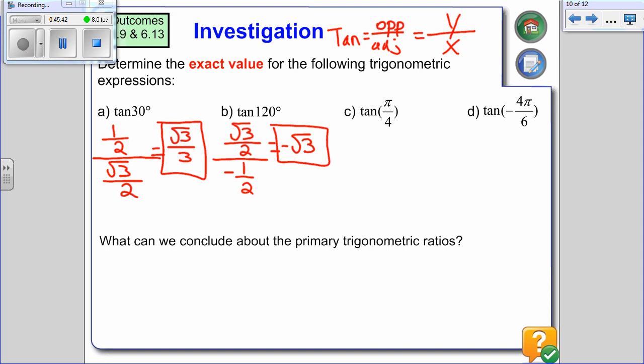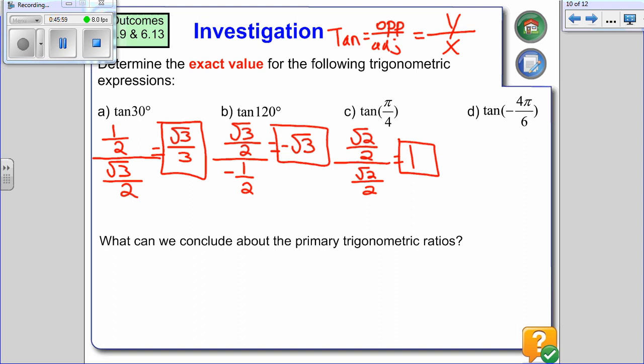That means we need to go backwards 4 pi over 6. So you're going to have to really think about what that means. Sorry, I left my units right there. I want to go backwards 4 pi over 6.